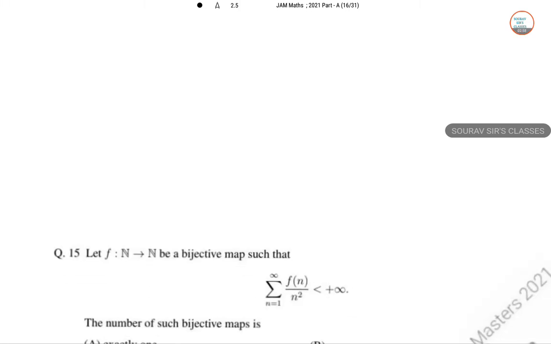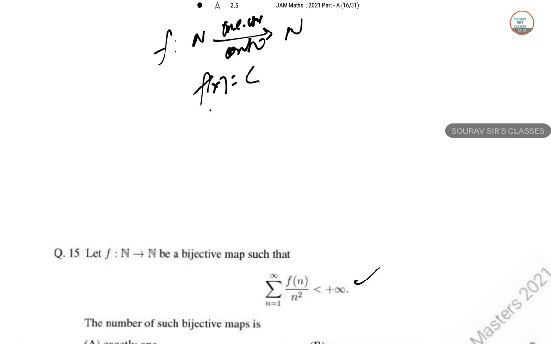Question number 15. We have a bijective map which follows this condition, and the question is which of the options can be such a map. Let us take a function f(n) = c, so f(1) equals f(2) equals c.